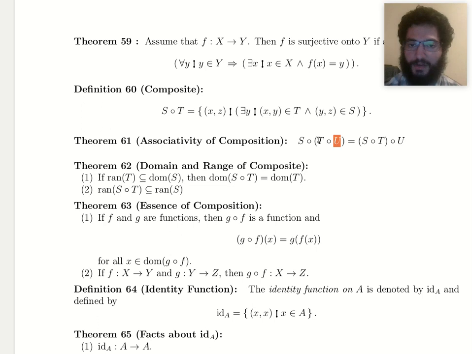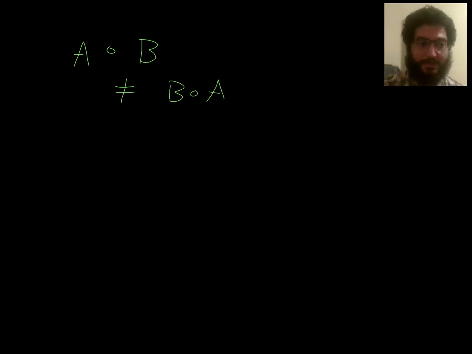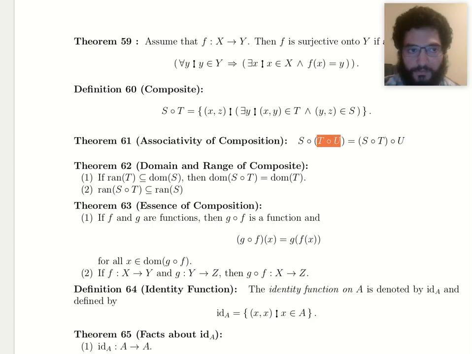If I swapped T and U, that would change things. A composed with B is not the same as B composed with A, usually. You would not expect that to be the case. So composition is associative, but not commutative.